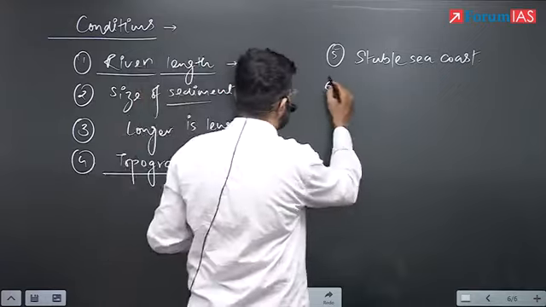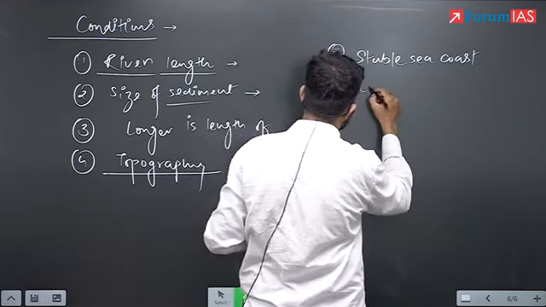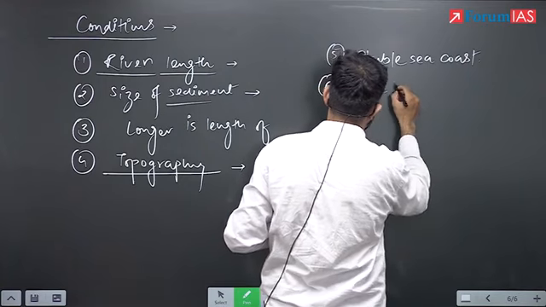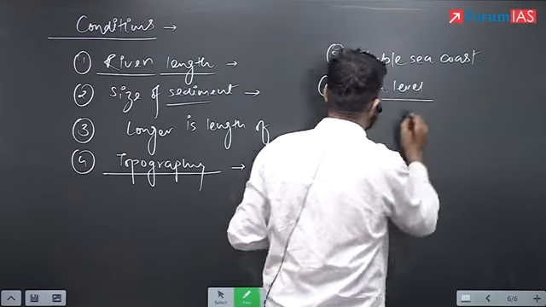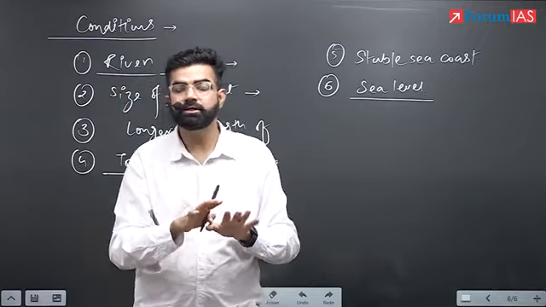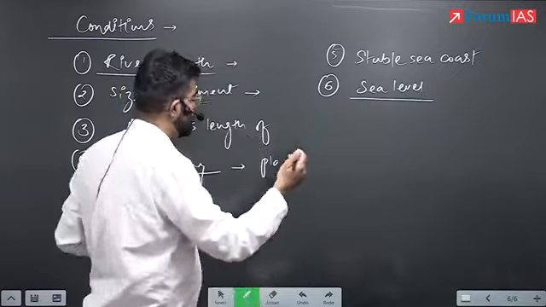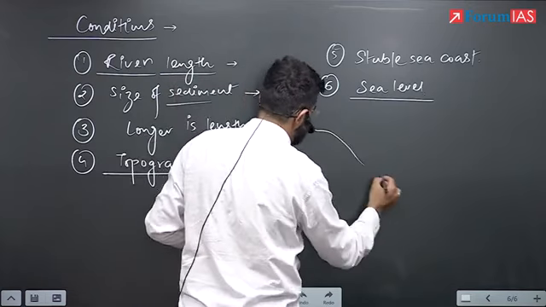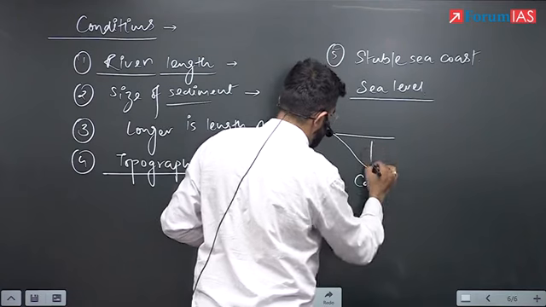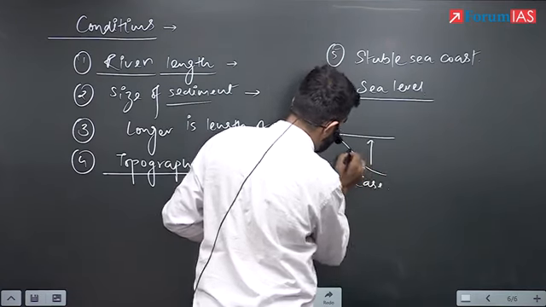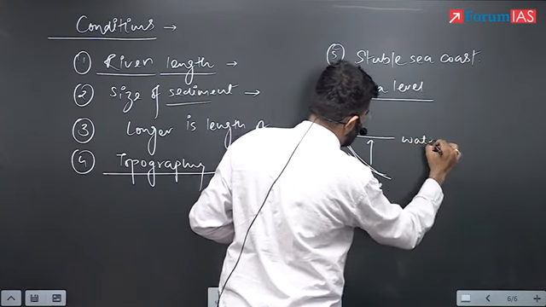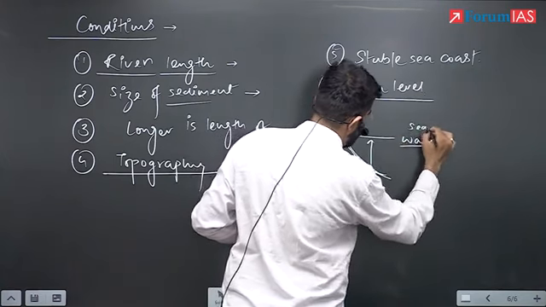The next thing is we also need low sea level. The sea level where the river is entering should be towards the lower side. For example, let's say this is case number one, where you can see this much is the depth of the continental shelf here. This is the water table or the sea water level.